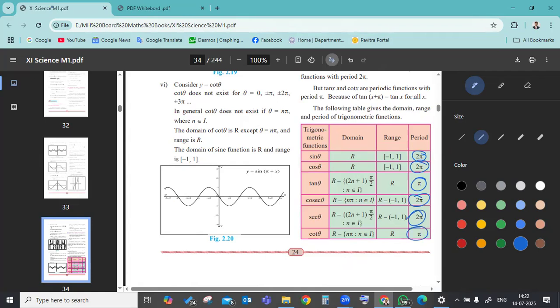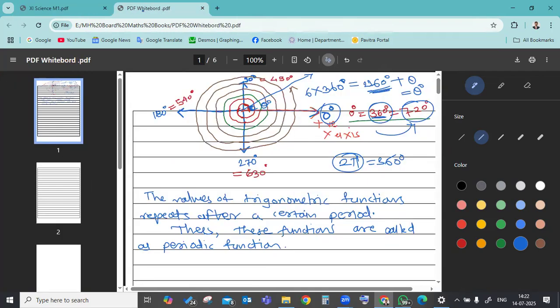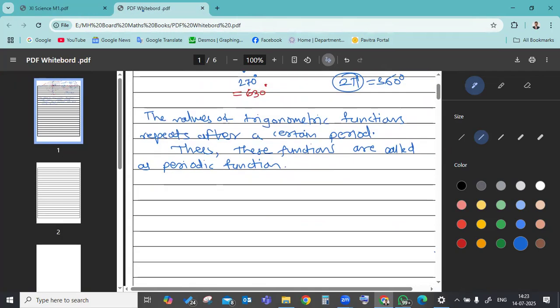And cot theta. See, tan theta and cot theta, these two ratios have period pi radian. The period of sin theta, cos theta, sec theta, cosec theta is 2 pi. The period of tan theta and cot theta is pi radian.